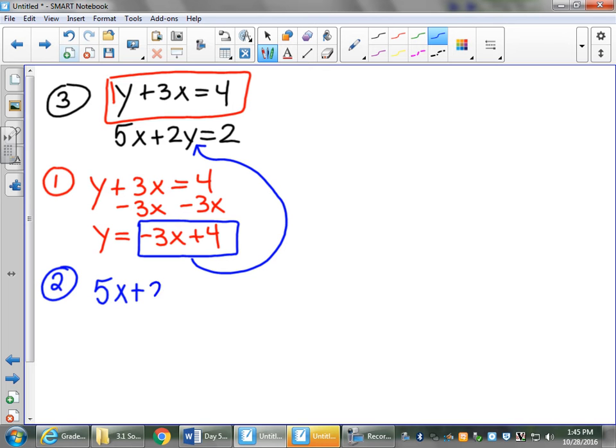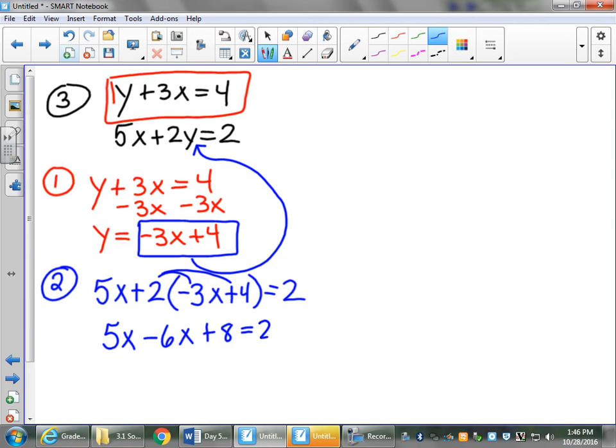5x plus 2 times negative 3x plus 4 equals 2. Only x's, so that's a hint that we probably did it right. We're going to distribute the 2. 5x, positive 2 times negative 3x is negative 6x, and positive 2 times positive 4 is positive 8.